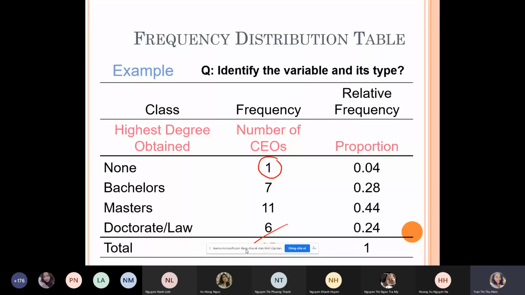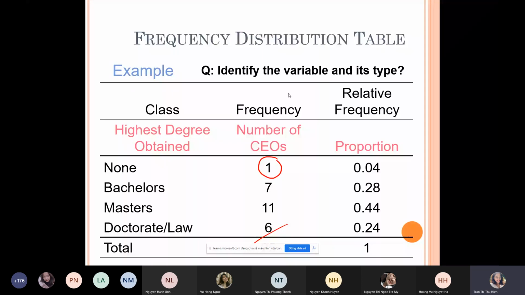So it is relative frequency or proportion. It is the ratio between each class and the whole, 7 over 25. So it is clear to you the difference between frequency and relative frequency? For the frequency, you just count.